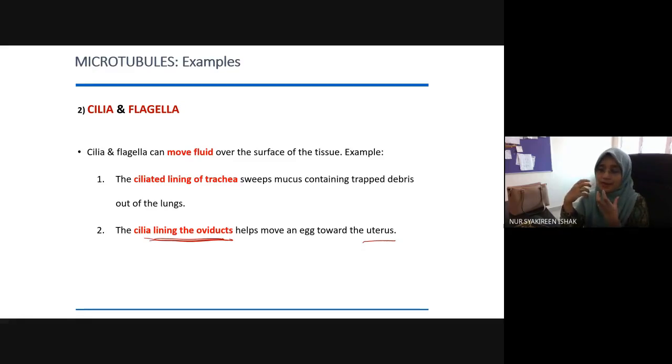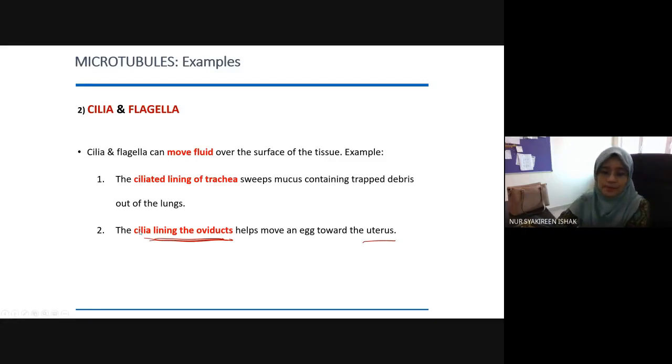So the contaminant that you breathe in is filtered by the cilia, and the mucus secreted binds with the contaminant, and then the upward movement of the cilia causes the mucus and contaminant to be swept upward, and it enters the esophagus and into your stomach to be digested. Okay, supaya dia tak masuk dalam awak punya lung tu. So the cilia sweep the mucus with the contaminant into the esophagus to be destroyed in the stomach.